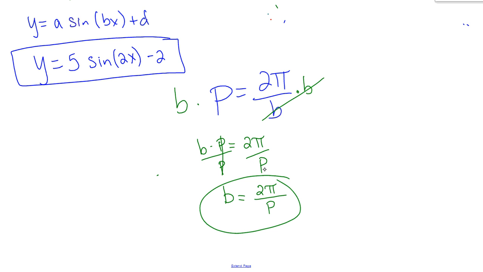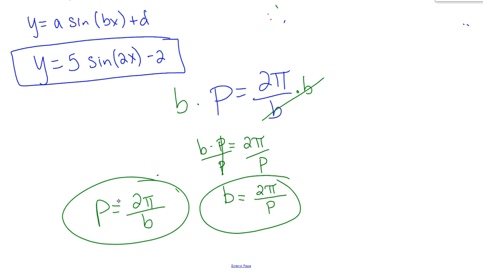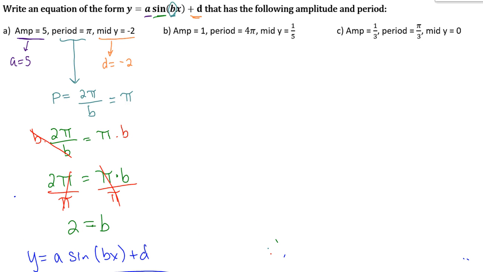So the period formula, 2 pi over b, can be reversed to help you find the b. That means b, that number that goes inside here, can be found by taking 2 pi and dividing it by that period that was given to you.